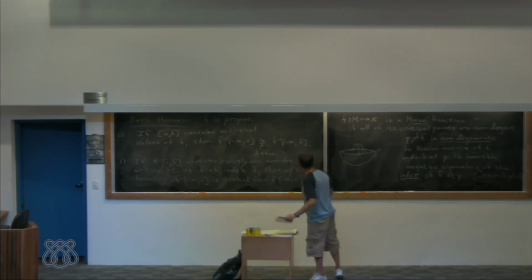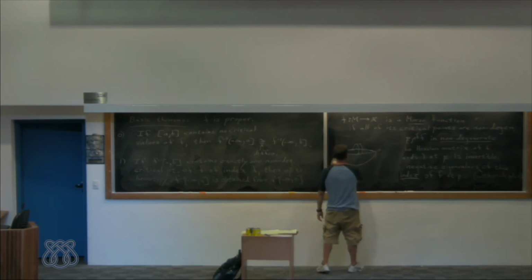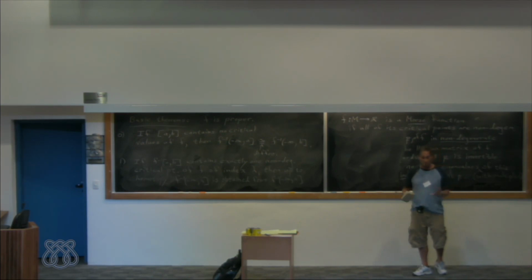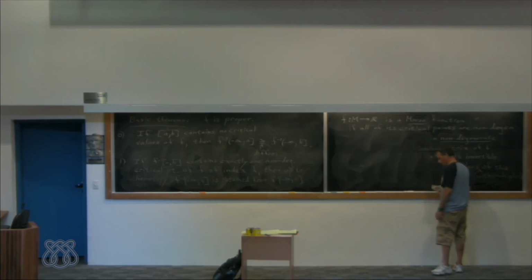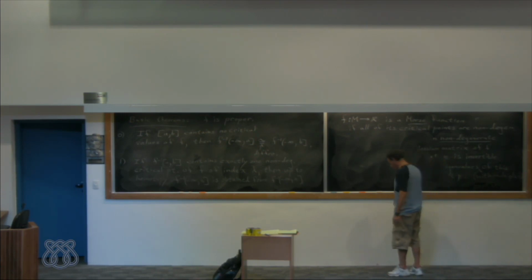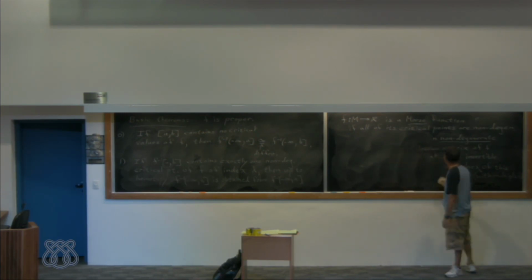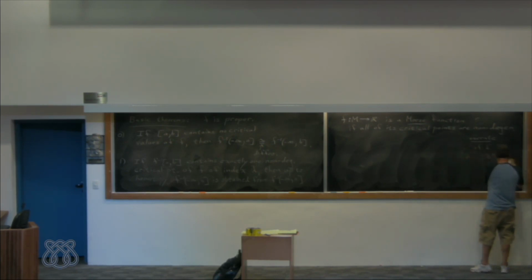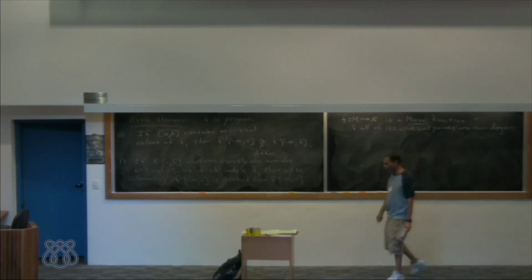But the one I really care about, there are a number of theorems telling you that there are lots of Morse functions. Basically what it boils down to is if you perturb any function a little bit, you'll get a Morse function. Well, if you perturb in a generic way.